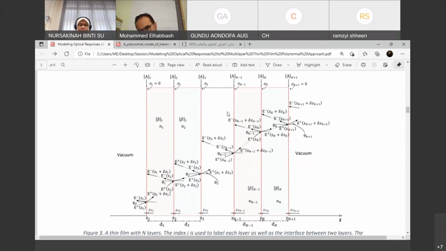But if we have another layer, this will be a periodic process. So we have magnesium oxide, calcium fluoride, again magnesium oxide, then calcium fluoride, and so on.